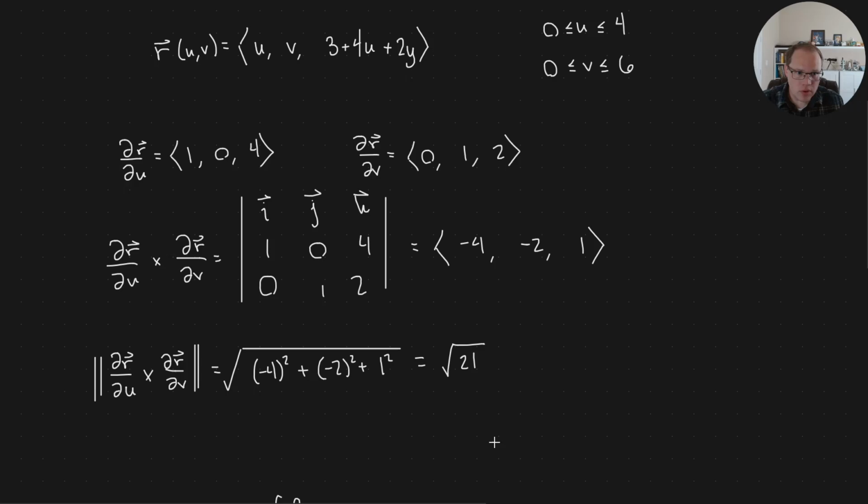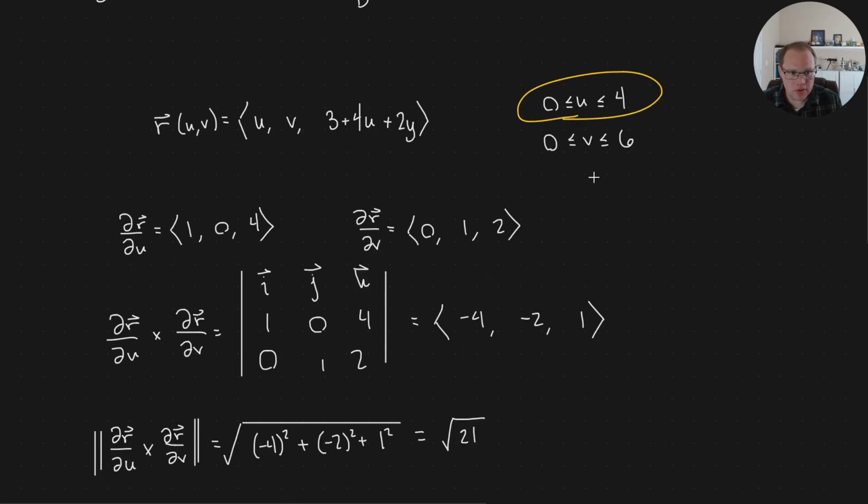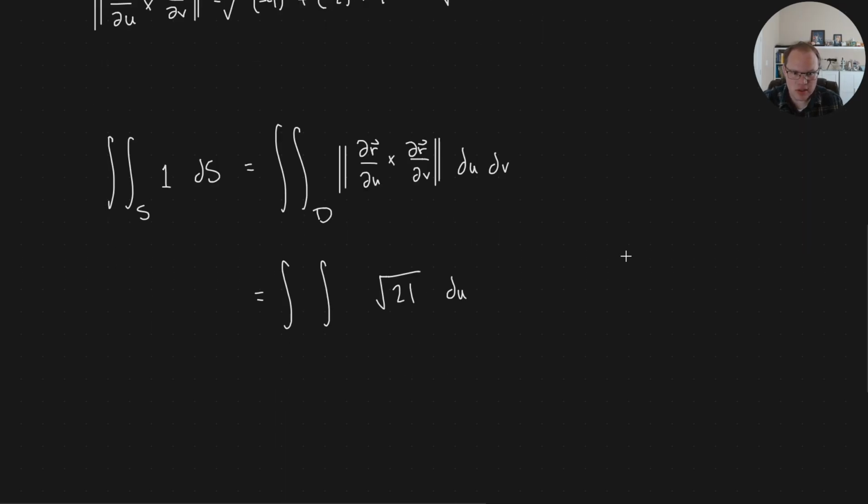And the u ranges from 0 to 4, and the v ranges from 0 to 6. I'm over a rectangular region. So u goes from 0 to 4. v goes from 0 to 6. Okay? And when you finish that integral, you will have the surface area of your surface over the desired region.